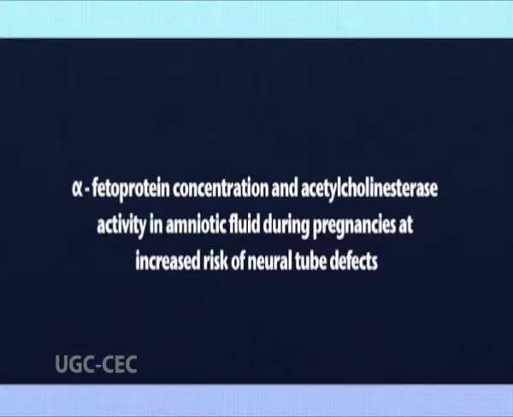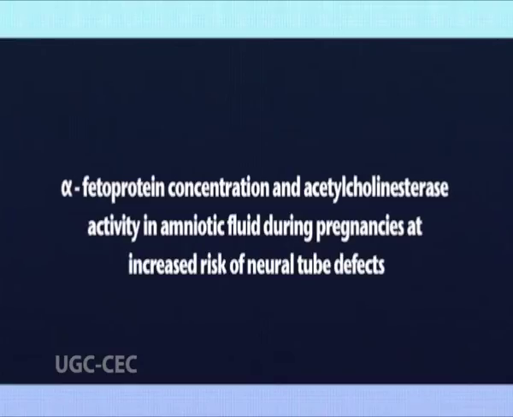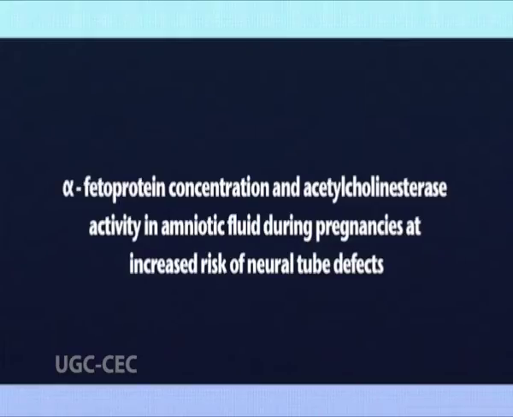The main indications for amniocentesis are for chromosomal analysis of cultured amniotic cells in pregnancies at increased risk of Down syndrome or other chromosomal abnormalities, and for estimating alpha-fetoprotein concentration and acetylcholinesterase activity in amniotic fluid in pregnancies at increased risk of neural tube defects, although few amniocenteses are now done for neural tube defects because of improved detection by ultrasonography.